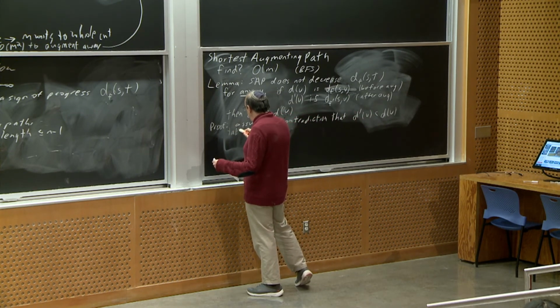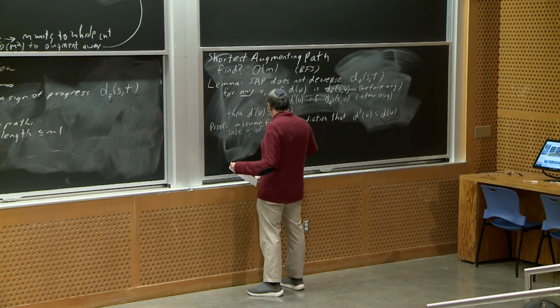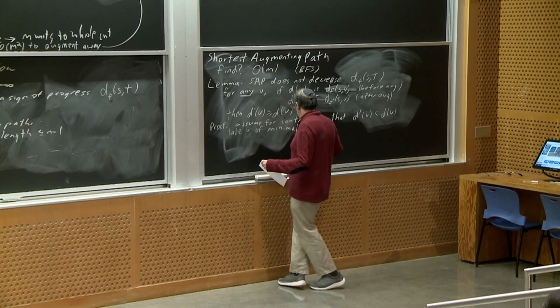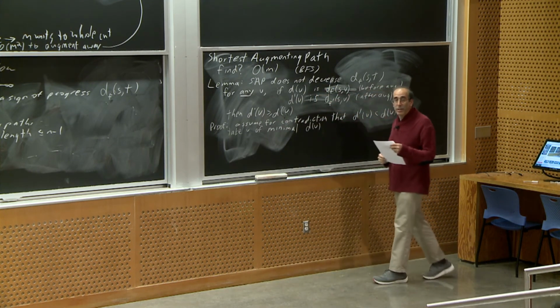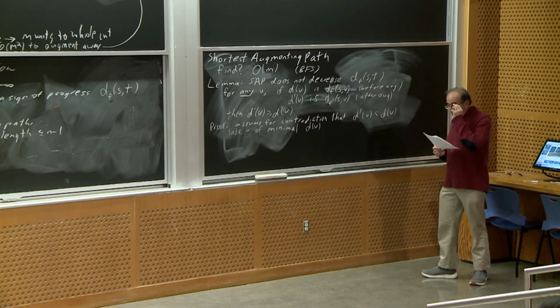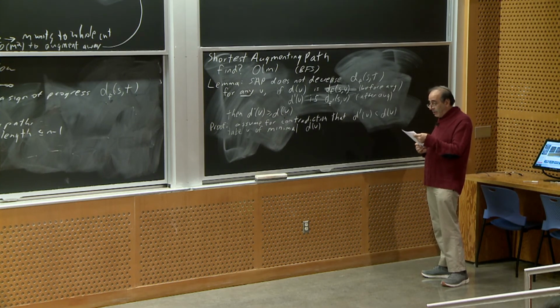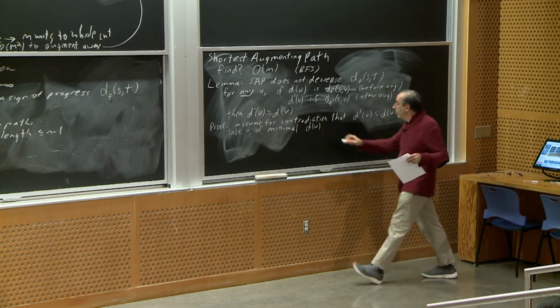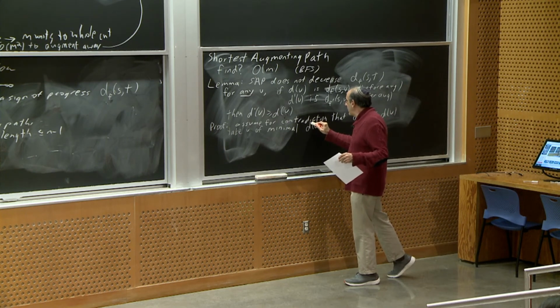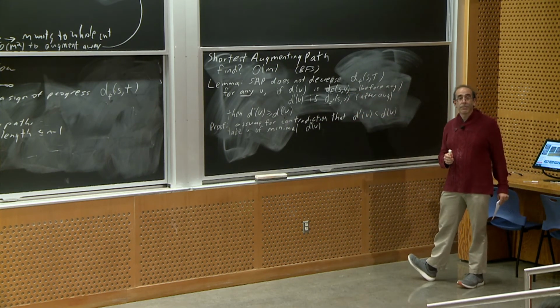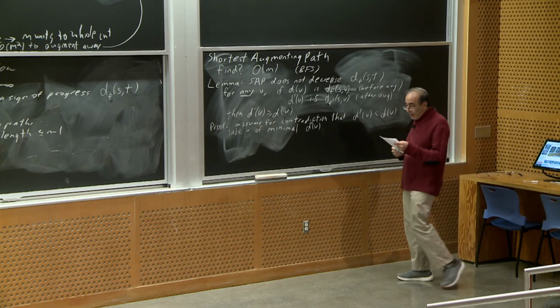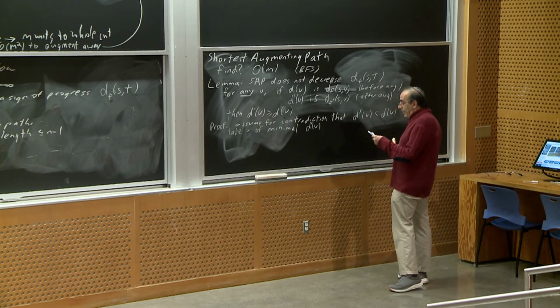Let's take the v of minimum possible distance that violates our rule. So we find the vertex that's closest, minimal d prime of v. Find the vertex that got closer and the closest among all of the vertices that got closer. Okay. How did that happen?